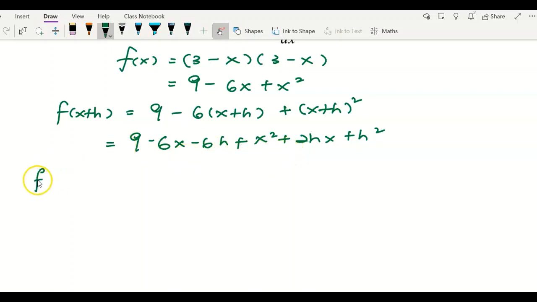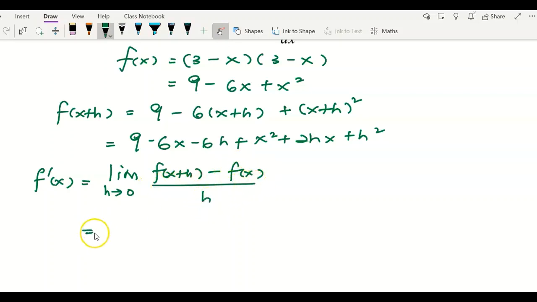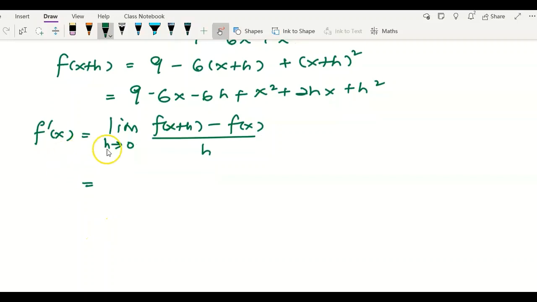So I will stick to the formula of the first principle. f prime of x equals the limit as h approaches 0 of the formula given as f(x plus h) minus f(x) over h. Substitute the f(x plus h) that we already found and expanded.